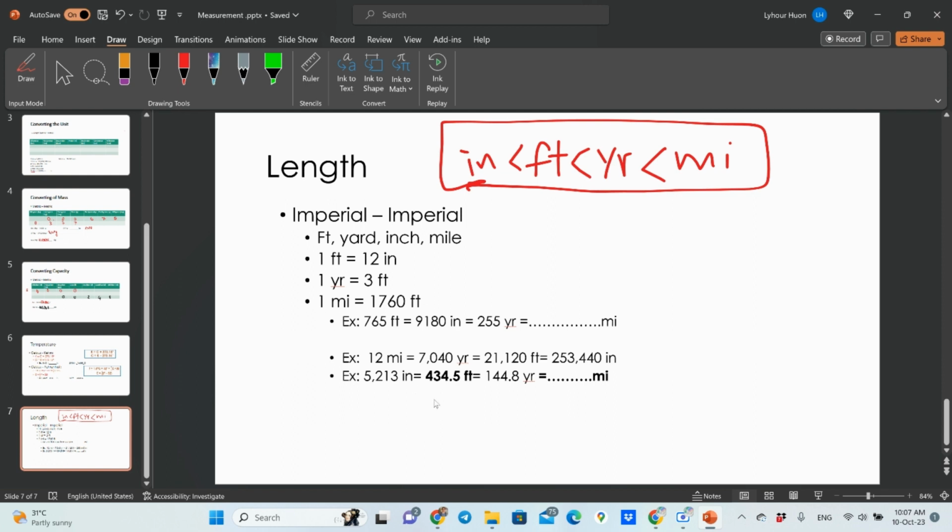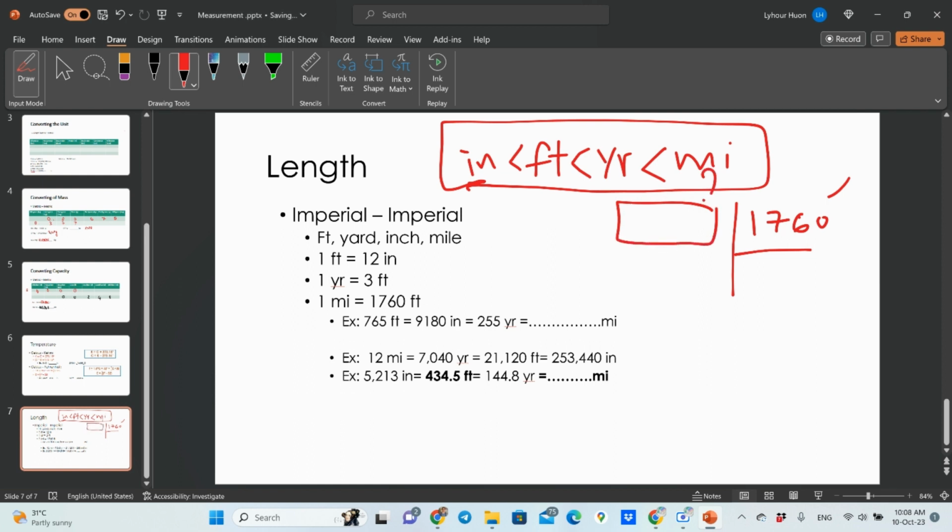Yeah, but what number do you divide by 1760? You divide by this number, correct? But what number is being divided by this number? What is the number here divided by 1760?